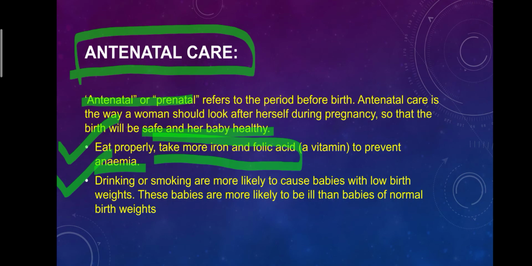And they should not drink alcohol or smoke, because this will affect the baby and result in babies with low birth weights. And in low birth weight babies there are more chances of infections and diseases.